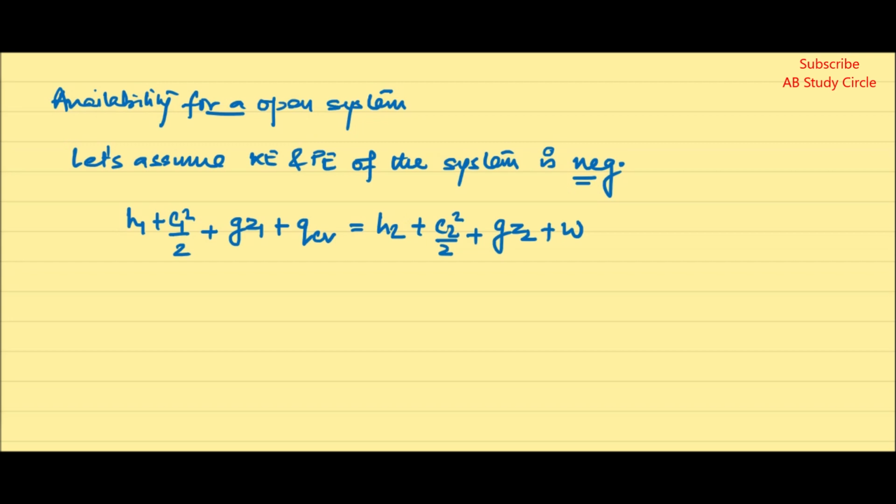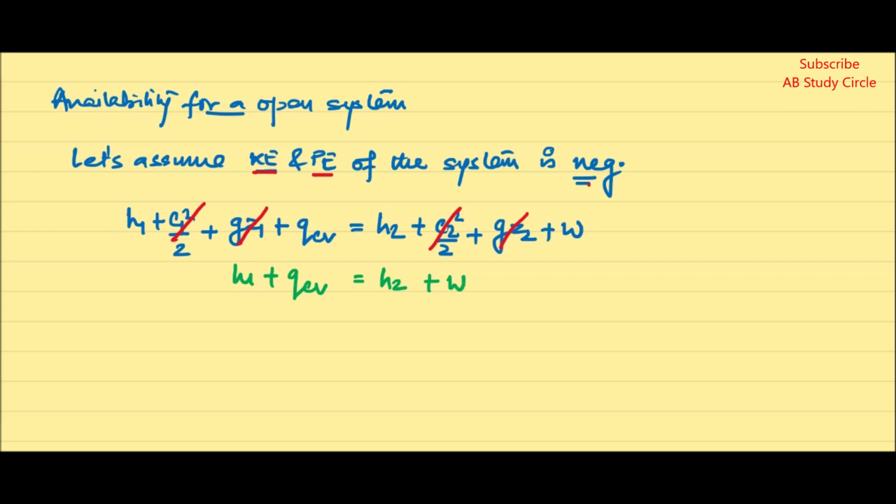Now as I said, let's assume that kinetic energy and potential energy are negligible. So let's cancel these out. So we are left with H1 plus QCV is equal to H2 plus W.